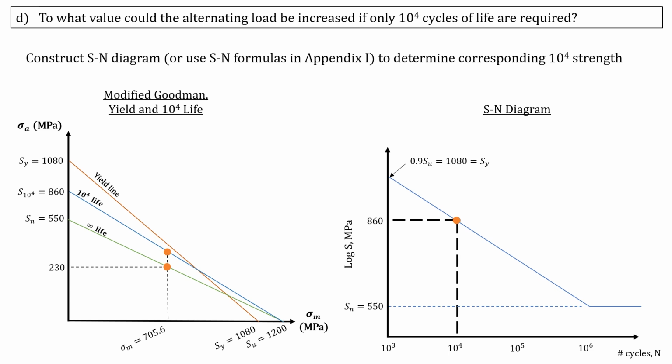Similarly to how we did it for the infinite life situation, we draw a line straight up from our mean stress until we hit our 10 to the 4 life line, and then draw straight over to our y-axis to find the new alternating stress. We find that to be 350 megapascals for that new alternating load value.